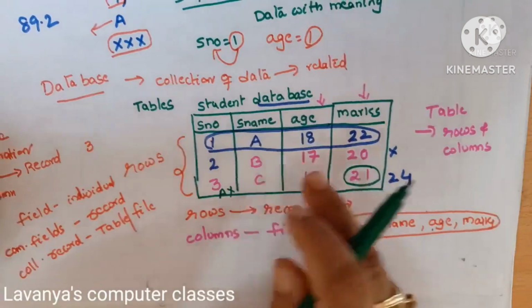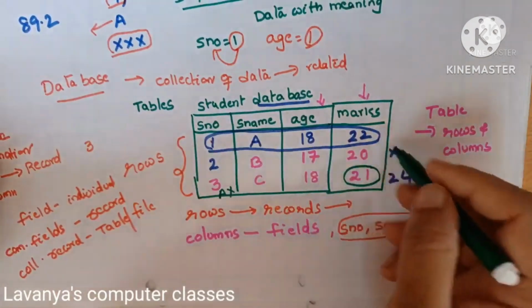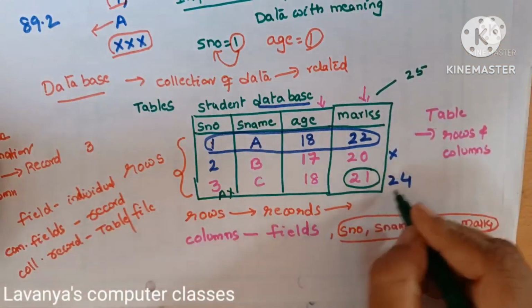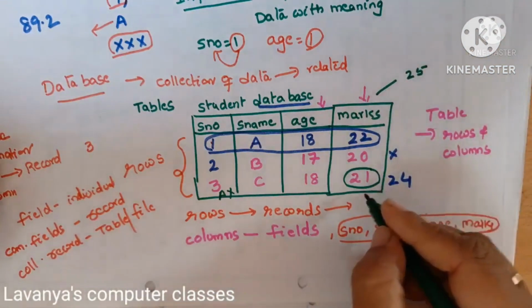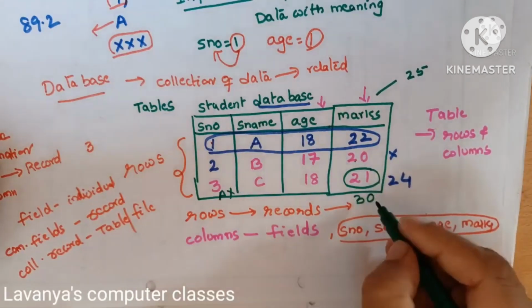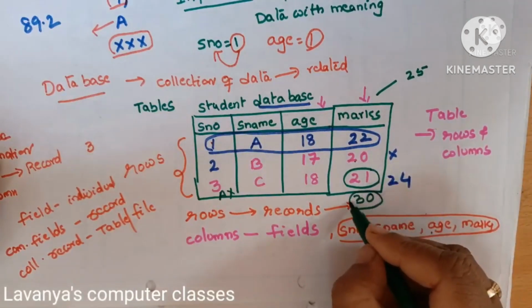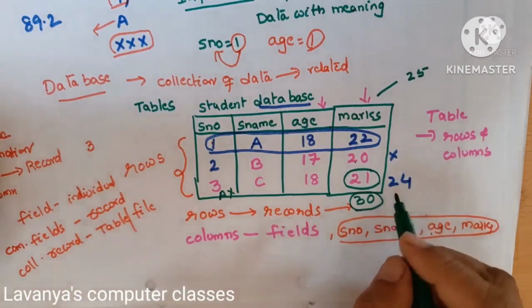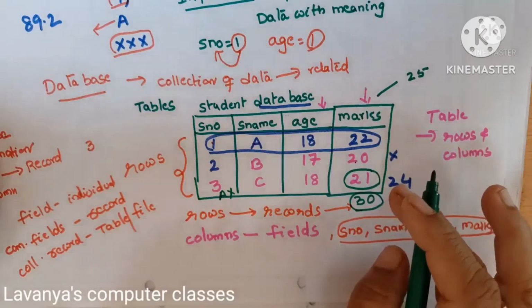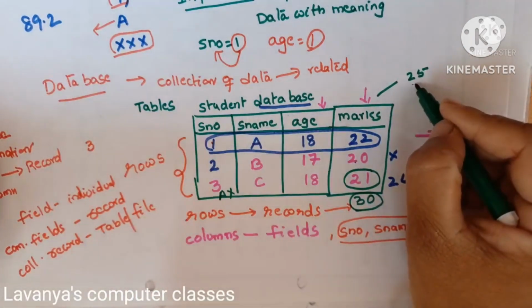Any constraints. For example, student age, marks. This is marks, I already said, out of 25. If any student, by mistake, you type 30 instead of 20, I put 30. If you enter the data like this, at the entry time only it is compulsory to refuse it, as it is not proper data. Because total marks is only for 25.